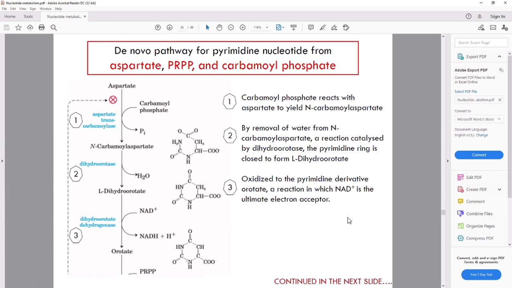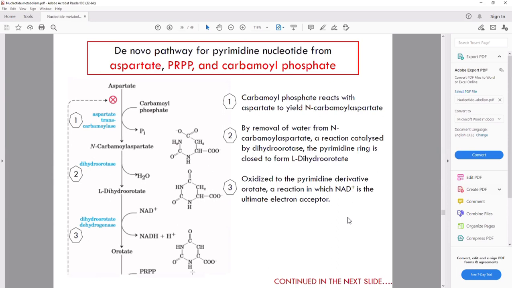The ring is formed at the dihydroorotate, and then it undergoes the reaction catalyzed by dehydrogenase enzyme to form this orotate.